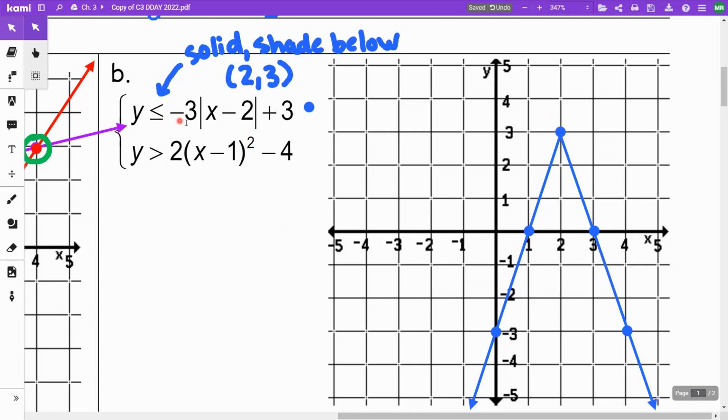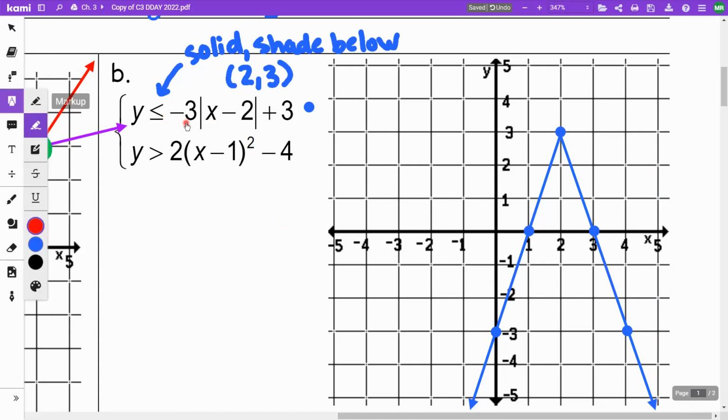So for this, we want to shade below. So I'm going to take my blue and I'm going to shade below. And if you're trying to figure out where is above or below, if you go to your vertex, let me just color this in. If you go to your vertex and you go up, that's above. Okay, that would be everything on the outside of this absolute value.